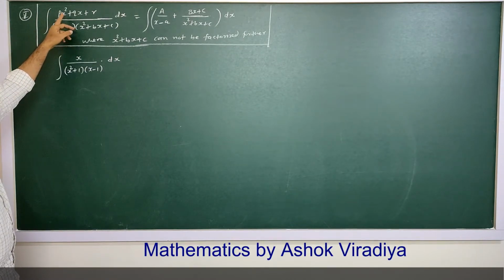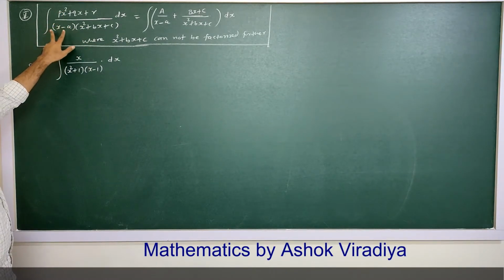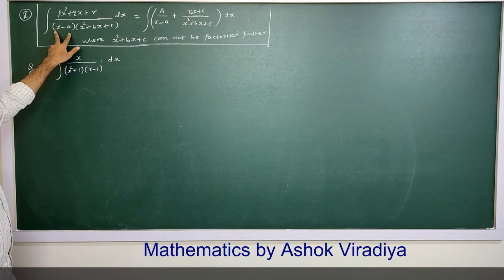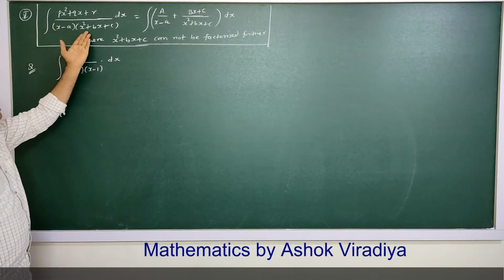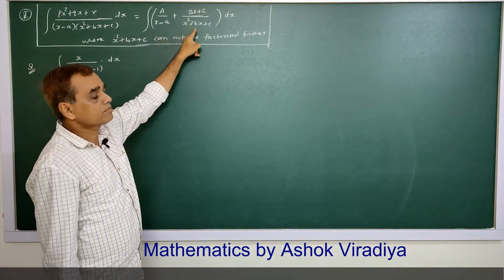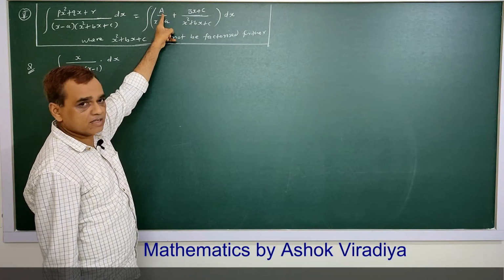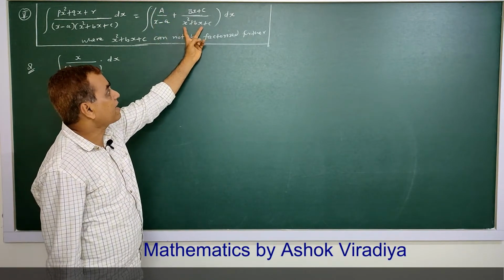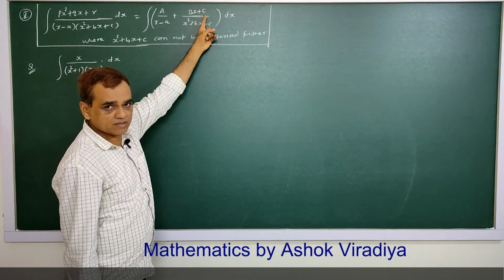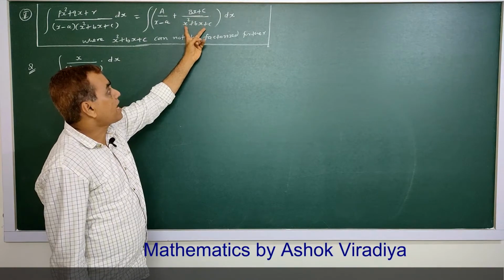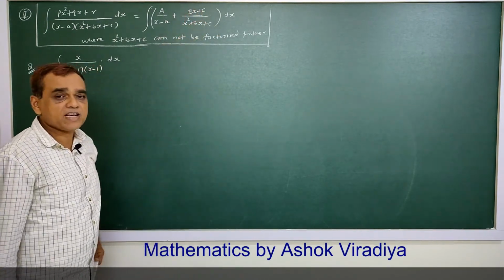So the degree of the numerator is less, the degree of the denominator is more. The denominator is a product of a linear and a quadratic factor, then these factors can be separated. But above the linear factor keep a constant, and above the quadratic factor keep a linear expression. So above x square plus bx plus c we have to put such an expression, bx plus c.